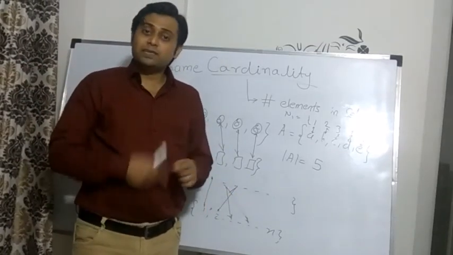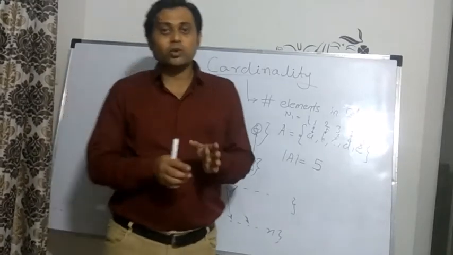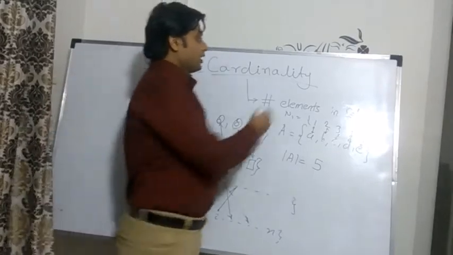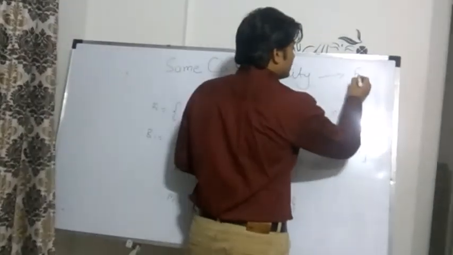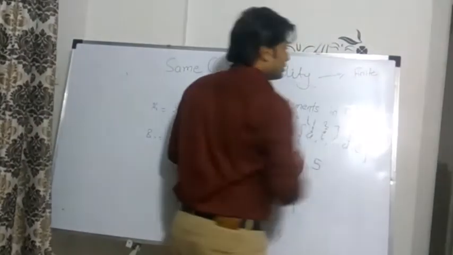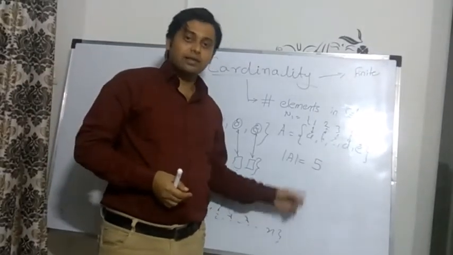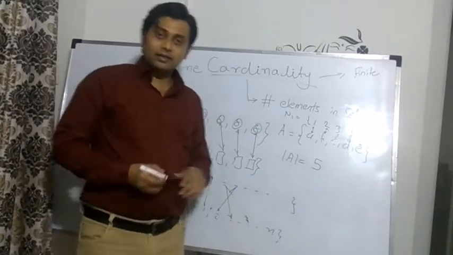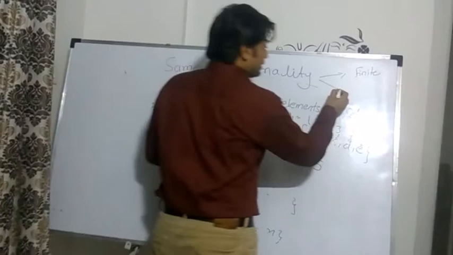Now if this process is going to end at some point n, then my set is called a finite set. And if this mapping is not going to end at some finite n, I will call that set an infinite set.